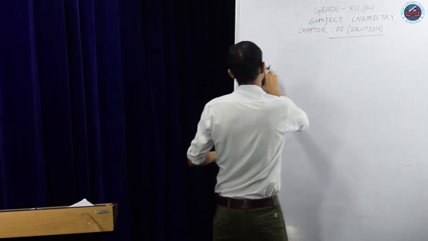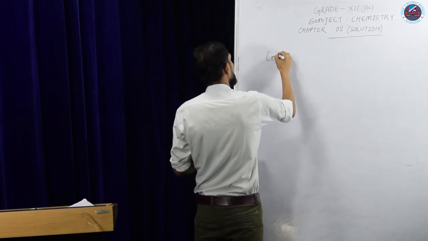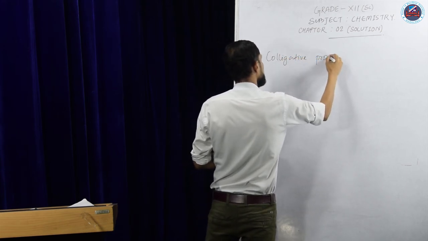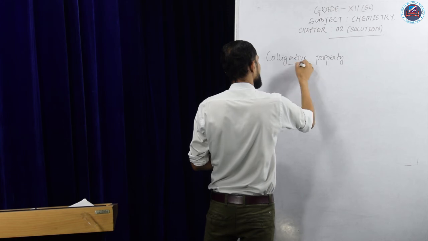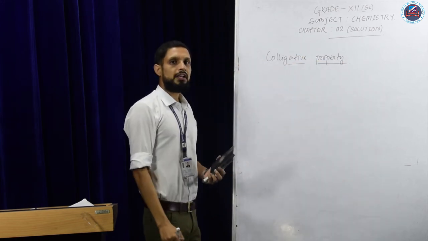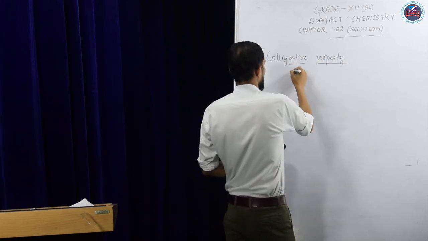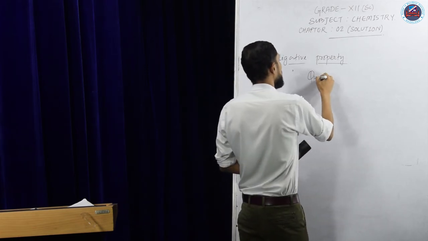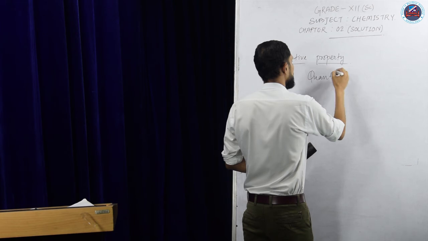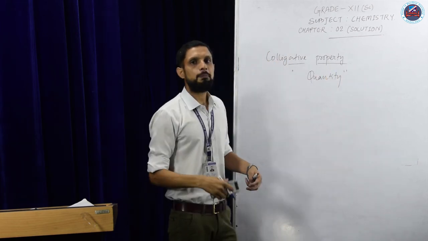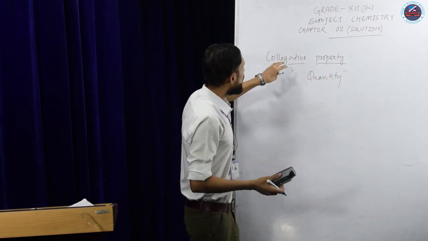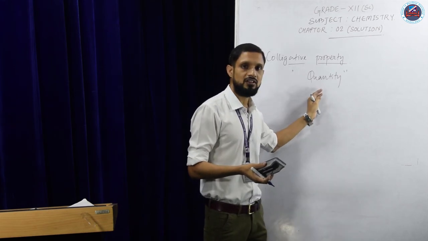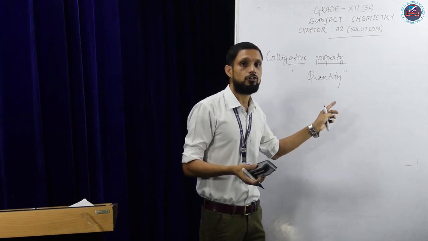Next topic which we are going to study is colligative property. So colligative property is a property which is dependent on quantity, irrespective of the quality. That means the colligative properties are those properties which depend only on the quantity, irrespective of the nature of the particle.